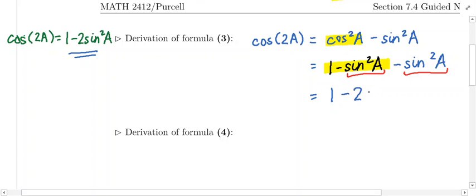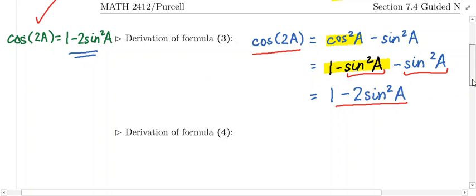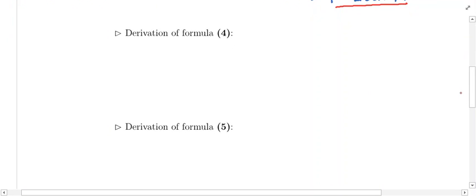So these combine to be minus 2 times the sine squared of A. So we have proved the third formula, that the cosine of 2A is equal to 1 minus 2 times the sine squared of A. Okay, proven.